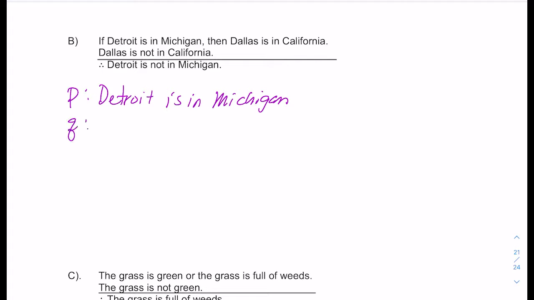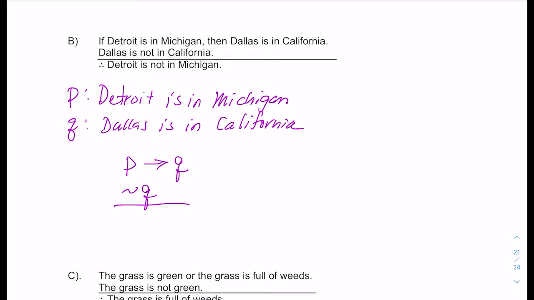And Q is the second part, which is Dallas is in California. So let's write this in symbols. If Detroit is in Michigan, then Dallas is in California. Dallas is not in California, so not California would be not Q.